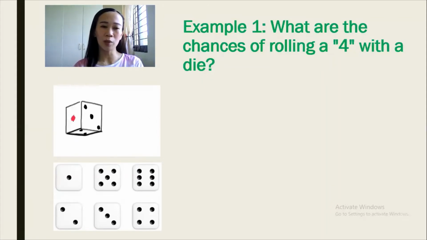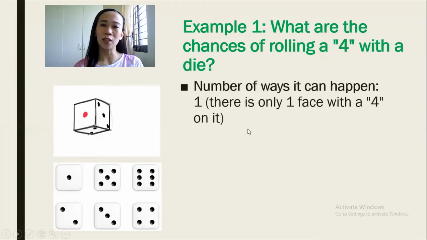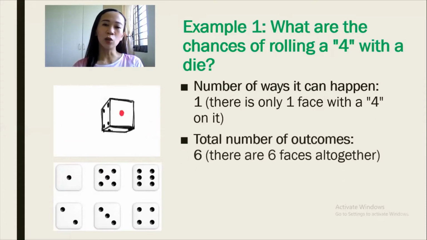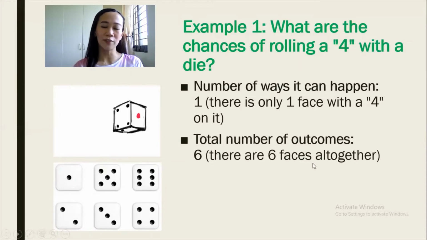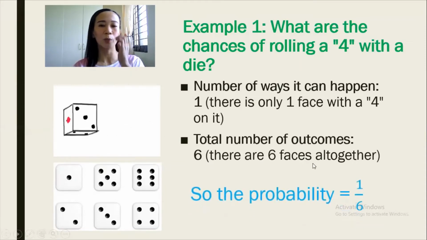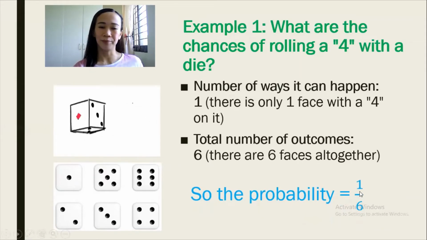How many outcomes can we get in rolling a die? We have 6. So the number of ways it can happen is 1 because there is only one face with a 4 on it. Then the total number of outcomes is 6. There are 6 faces altogether. So the probability is 1 over 6.